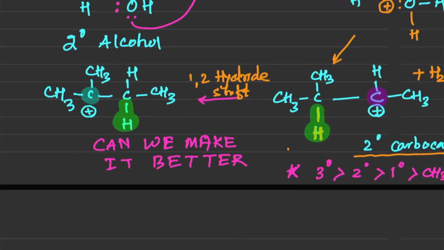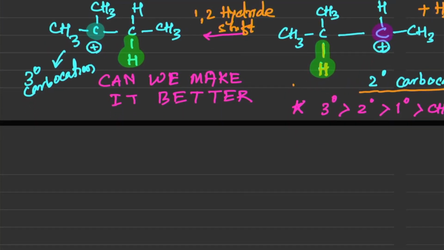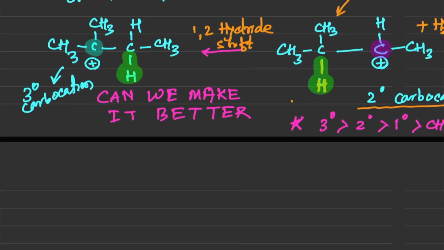What kind of carbocation would that be? This one would be a tertiary carbocation. You noticed we made our carbocation from secondary to tertiary, and we know that tertiary is better.